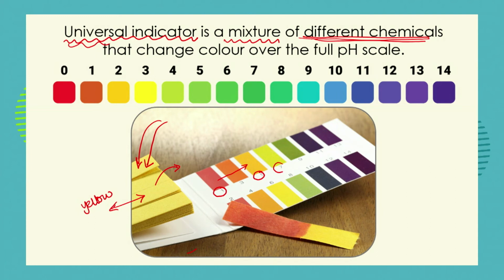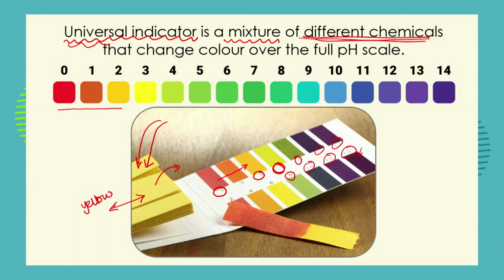Neutral, remember, pH 7, is going to show us kind of a green color. 8 and 9, they're all greens. And then as we move towards the very basic side of our pH scale, 10, 11, 12, 13, and 14, we're going to go from blue into very deep blue or purple.